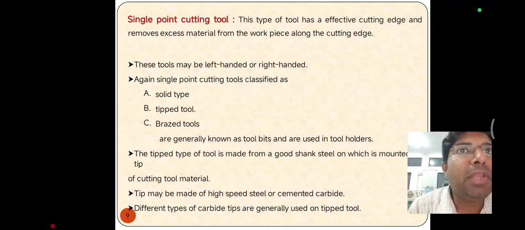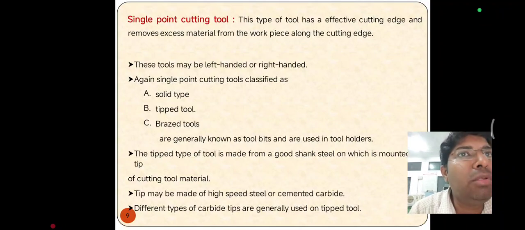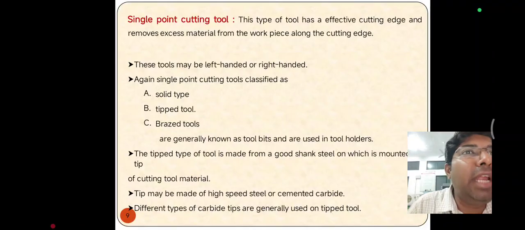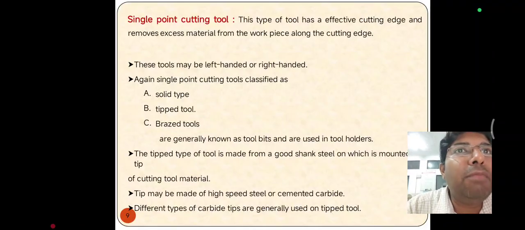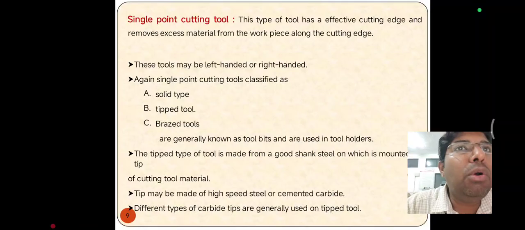This versatility allows us to select the most suitable tip material for specific machining conditions, improving tool life and efficiency. Overall, understanding these operations helps us to choose the right tool for the job, ensuring precision and performance in our machining process.